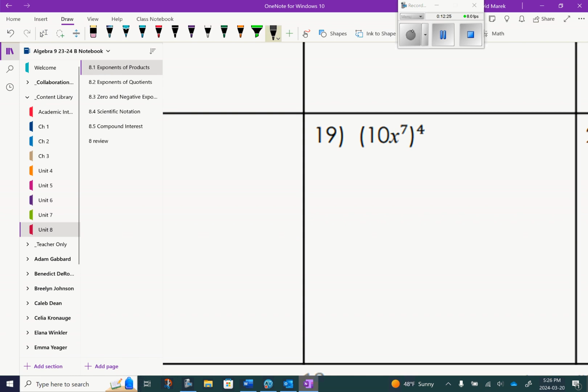19, we have to take 10 to the 4th times x to the 7, also raised to the 4th. Now, this is a possible exception. If you know what 8 cubed is off the top of your head, that's great.